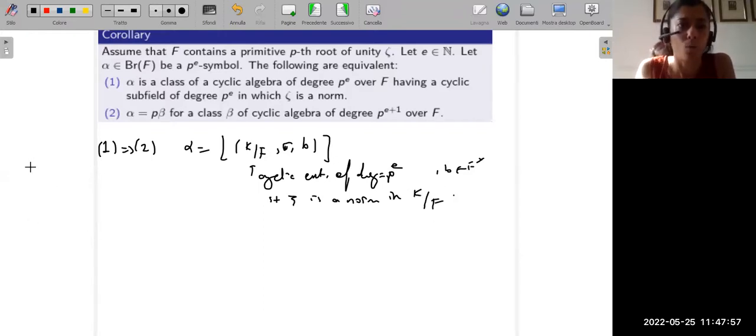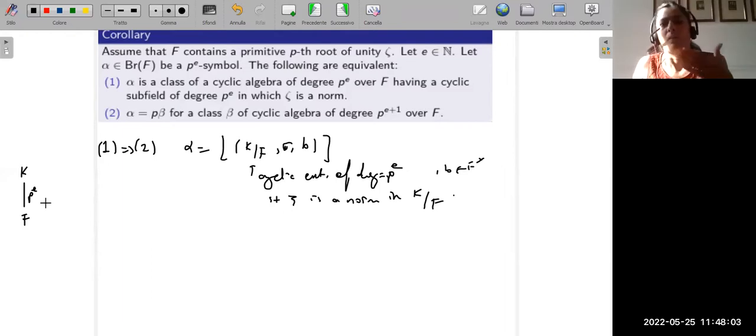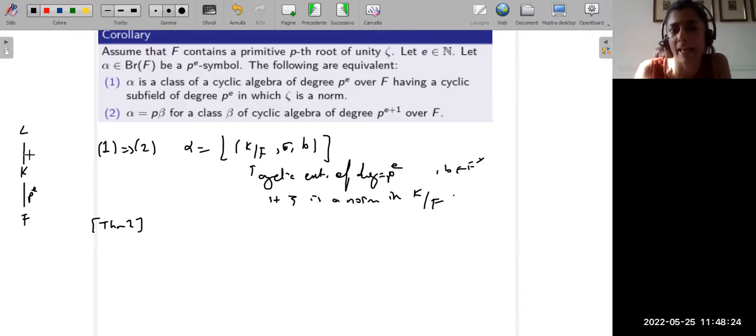Now, since zeta is a norm in this cyclic field extension, I can use theorem 2 to find a cyclic field extension of degree p to the power e plus 1.